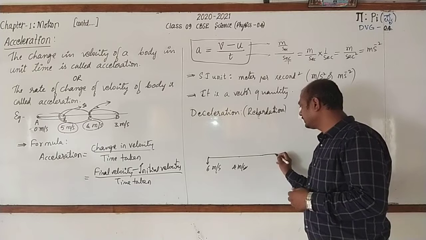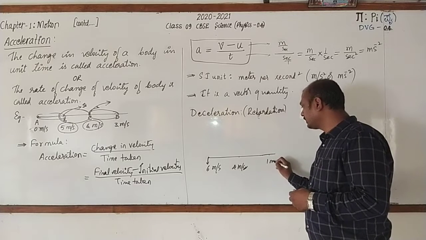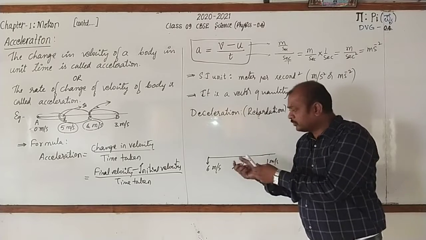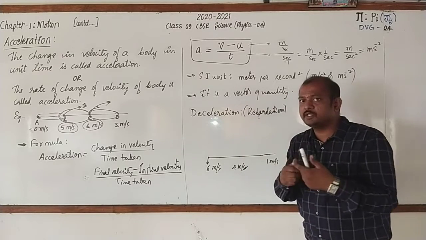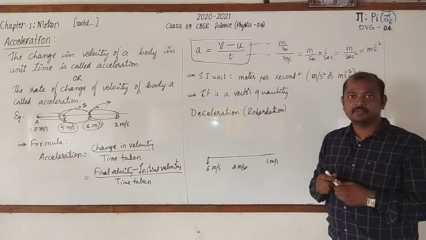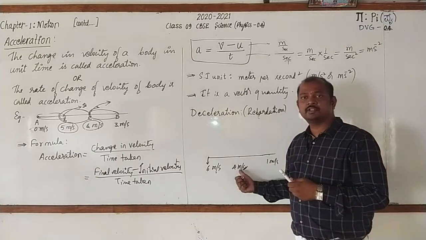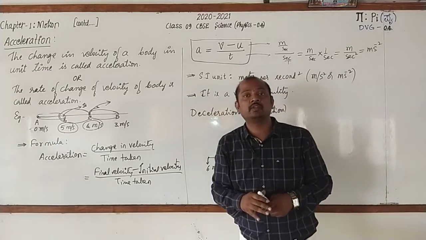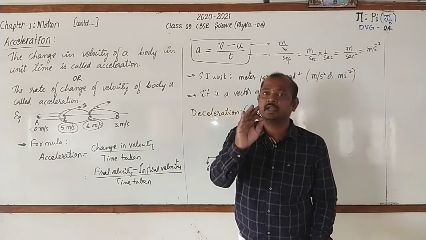Then immediately you will come to 1 meter per second. See here, what is happening to the speed? Is it increasing or decreasing? Here, decreasing, right? So there is a change in the speed, and that change in the speed is decreasing, and we call this negative acceleration.